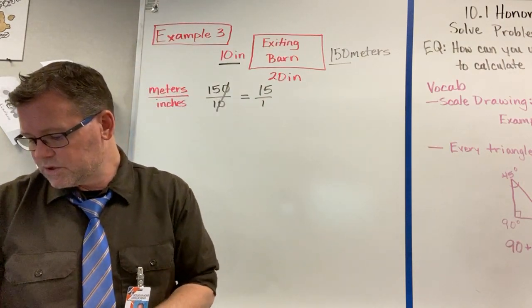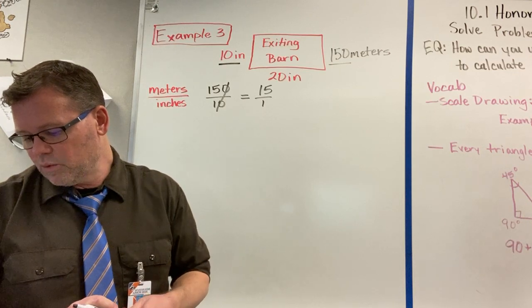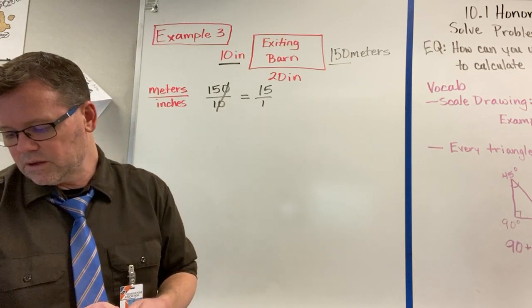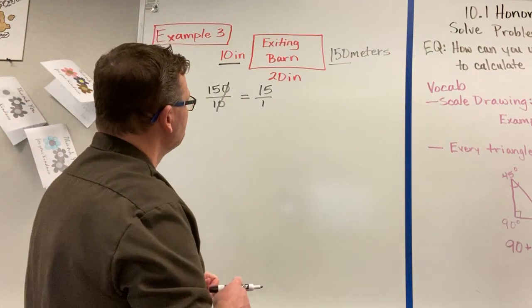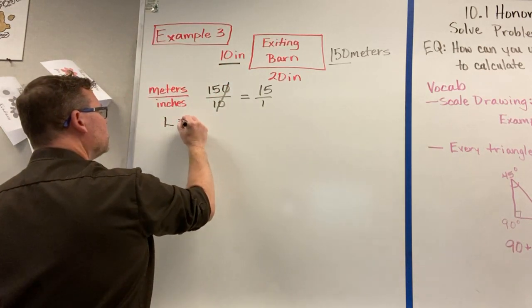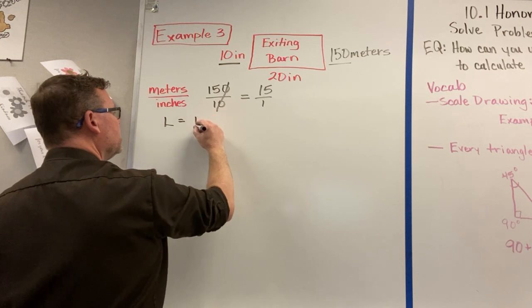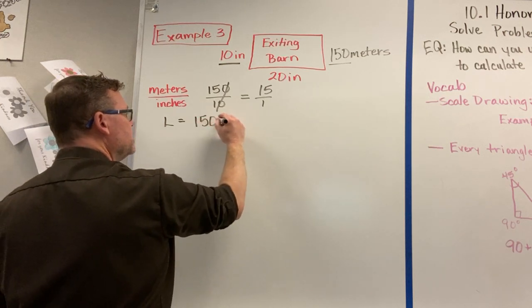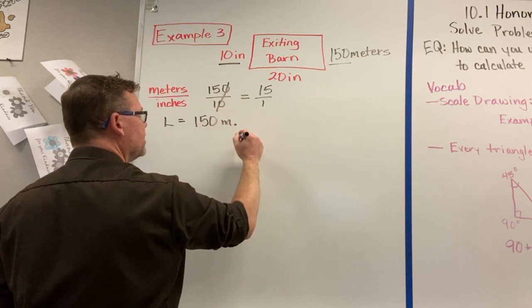So what we're going to do here is figure out the width based on that. So we have the length. Our length right now for the original barn is 150 meters. They already told us that.